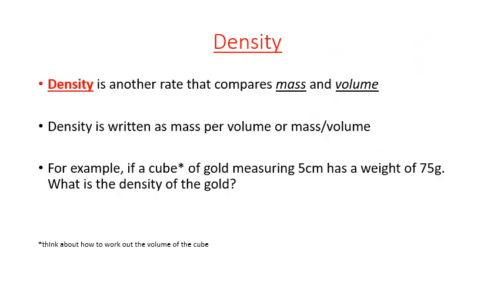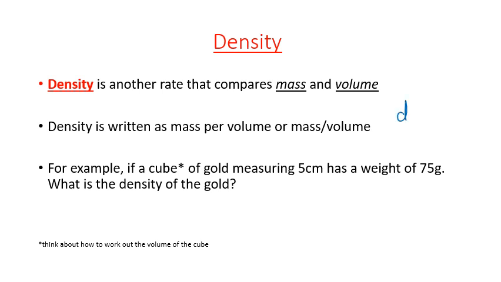Now we looked at speed using a formula, and we looked at line graphs comparing rates, but here we're talking about density. Density is another rate that compares mass and volume. Density is written as mass per volume, or mass divided by volume.